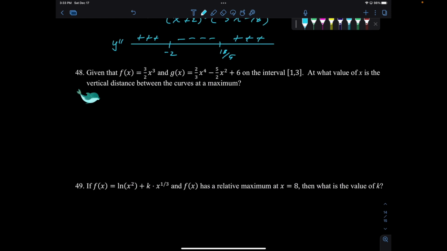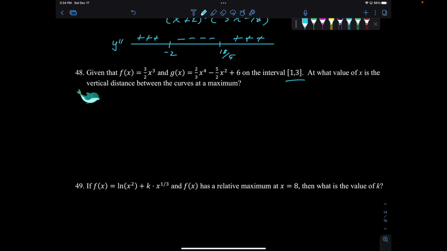This is calculator. Given that f of x is 3/2 x cubed, and g of x is 2/3 x to the 4th minus 5/2 x squared plus 6, only on the interval from 1 to 3, at what value of x is the vertical distance between the curves at a maximum?